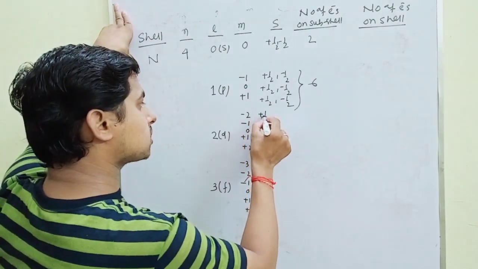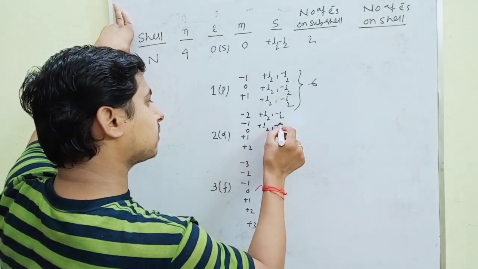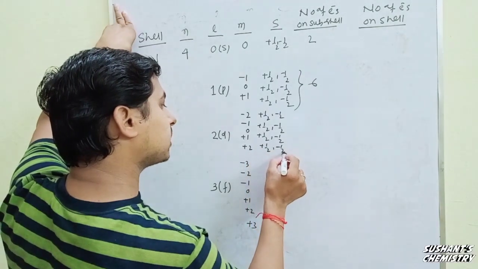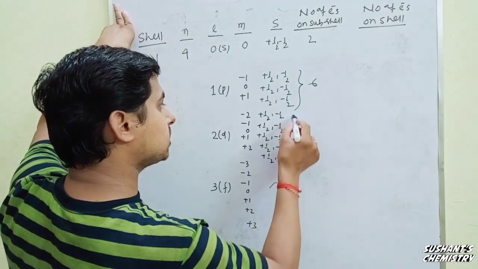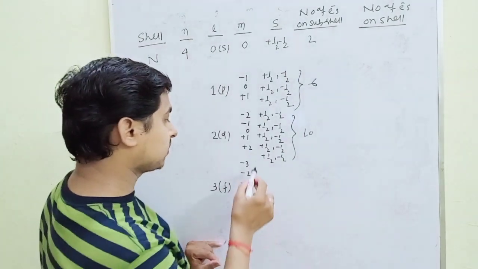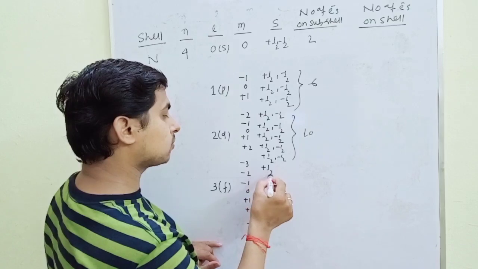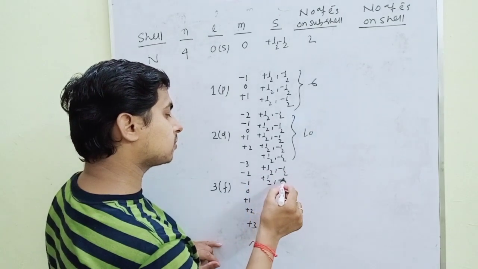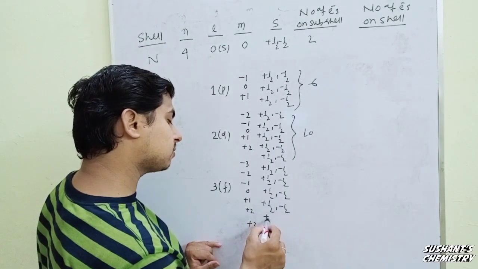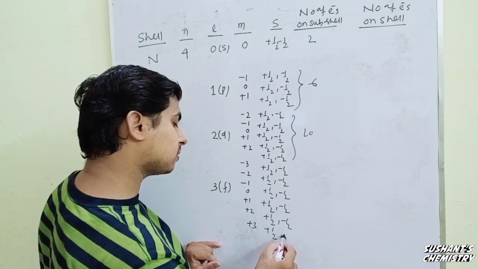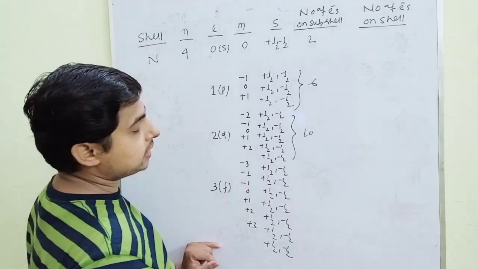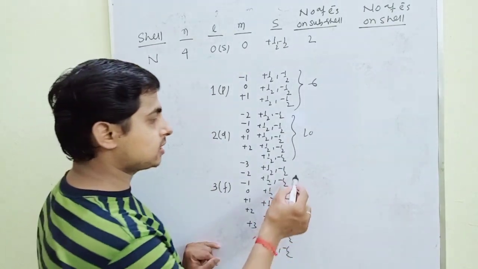Here also plus half and minus half for each of the five D orbitals. That is 10 electrons, 2, 2, 2, 2, 2. Similarly, the F subcell contains 7 orbitals, each orbital contains 2 electrons, plus half and minus half. That is 14 electrons.